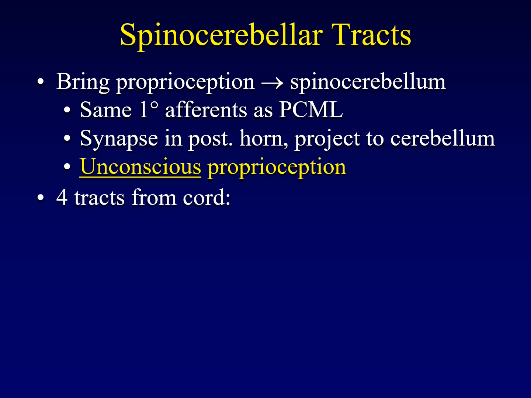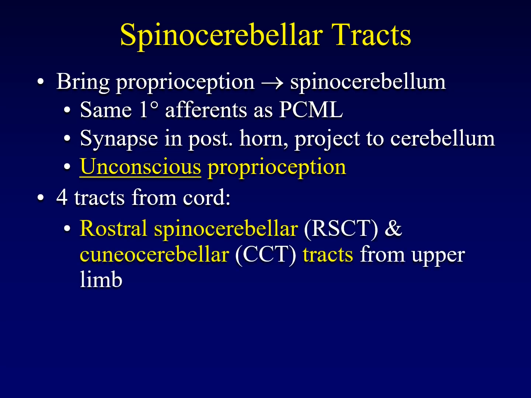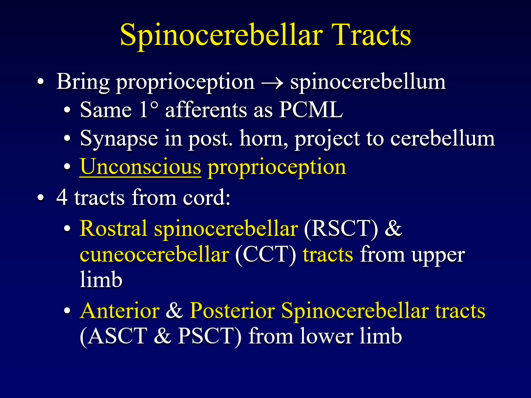There are four tracts that arise in the cord. The rostral spinocerebellar tract and the cuneocerebellar tract are carrying information from the upper limb. The anterior spinocerebellar tract and the posterior spinocerebellar tract are carrying proprioceptive information from the lower limb.